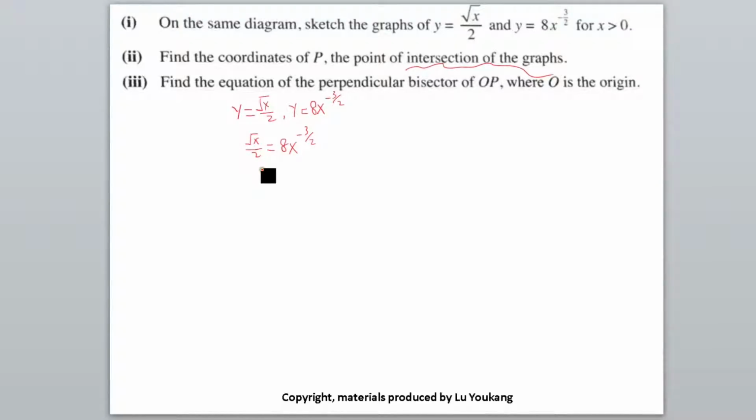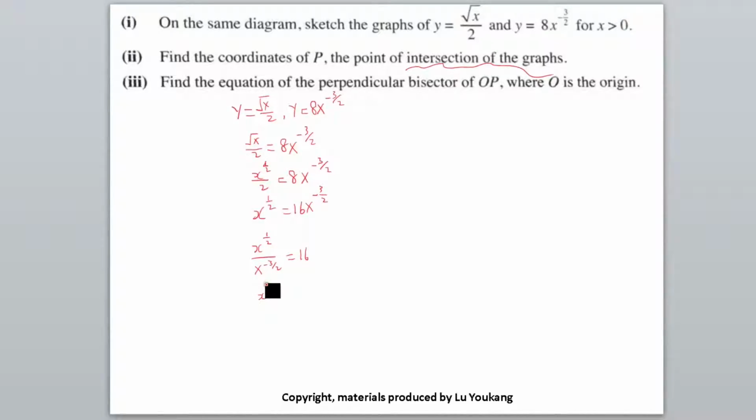So we equate the two of them, and you should park your x one side and park your non-x the other side. After that, your result should be x to the power of half over x to the power of minus 3 over 2 equals 16.